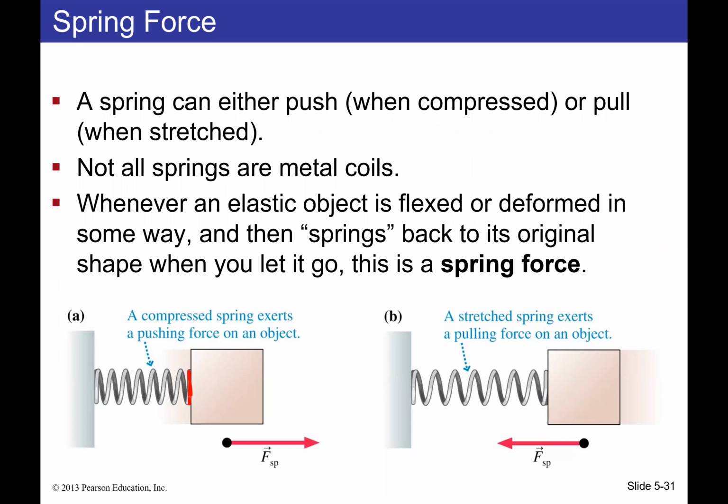When you apply force to the right, you're stretching the spring, or when you're compressing the spring, the spring exerts force on the object in such a way that it always tries to push the system back toward the unstretched, or equilibrium, state. That is what we call a restoring force. It always tries to restore the system to its original shape. So when you stretch or compress it, this force tries to restore it back to its original shape. That's why the spring force is known as a restoring force.